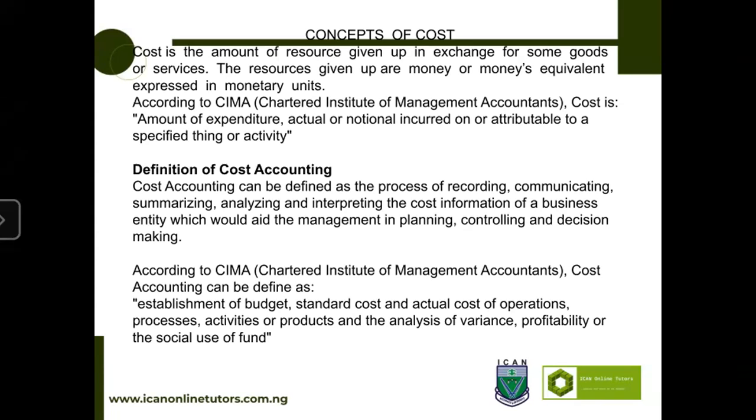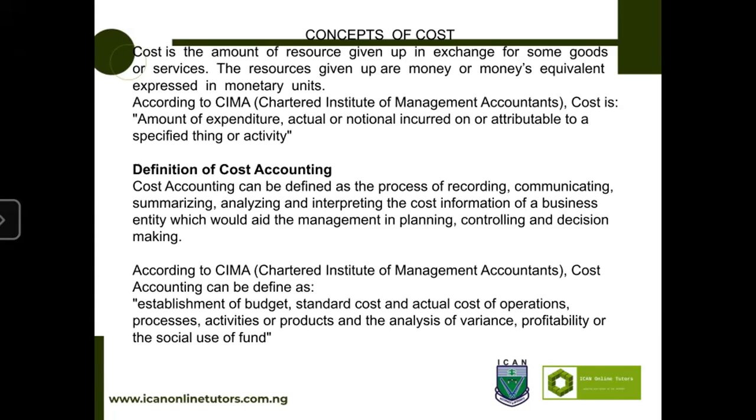For you to be able to attain your career advancement, you are paying to ICAN. That thing you are paying to ICAN is measured by what? Per paper. And that is why you will be asking, how much is it per paper if I'm paying for an exam? That is a cost. So you can also say a cost is the price of a unit of an item.